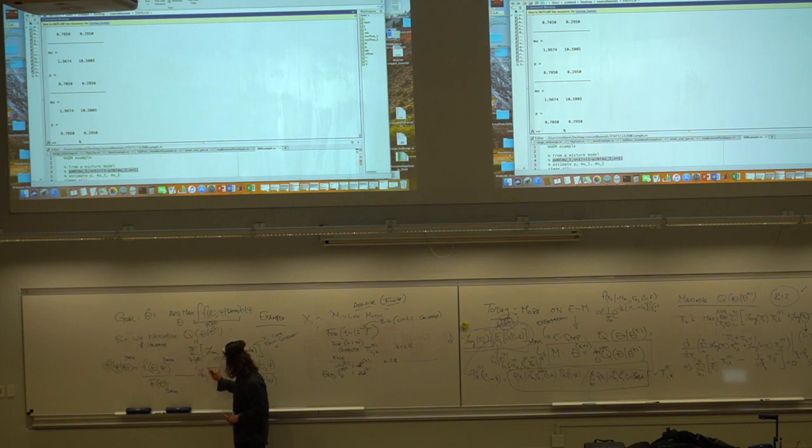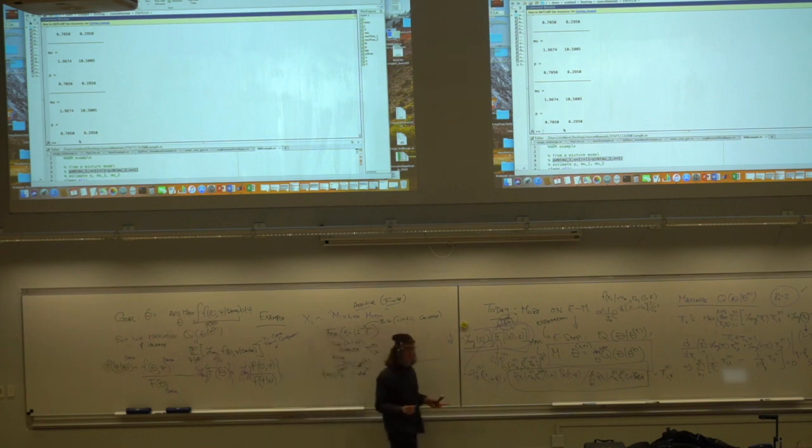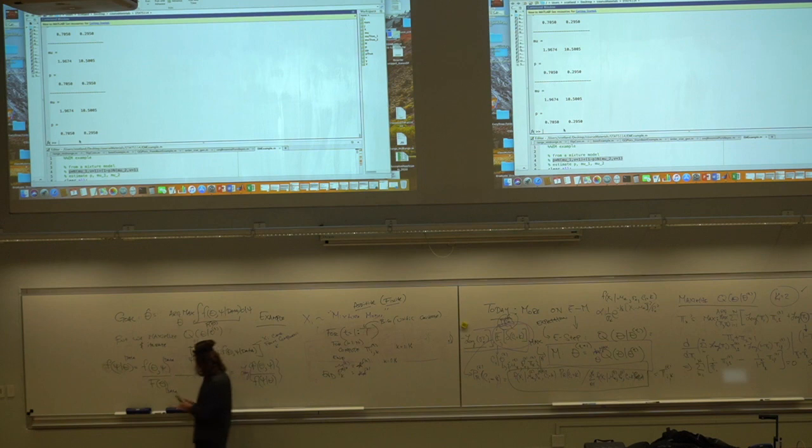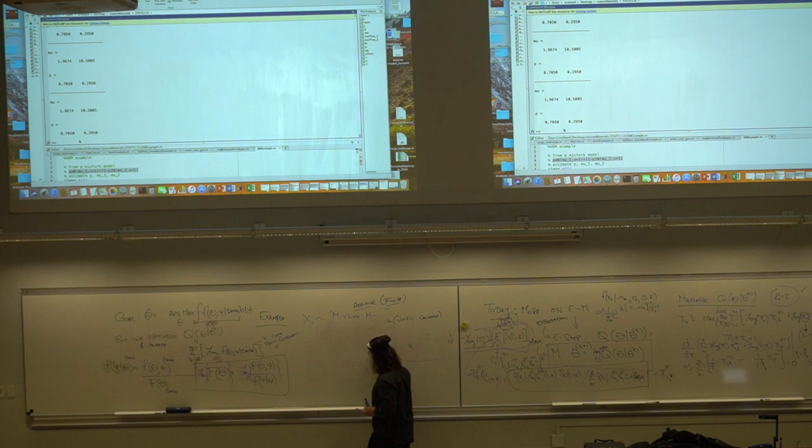If I take the logarithm, it doesn't change anything in terms of what I'm maximizing. I want to maximize this thing. Take a logarithm, it's still the same maximum. So I just want to point out what EM is doing. We'll work through this a little bit more formally.